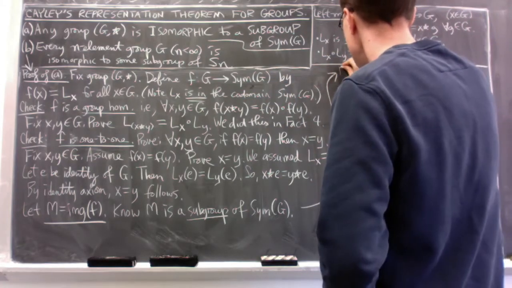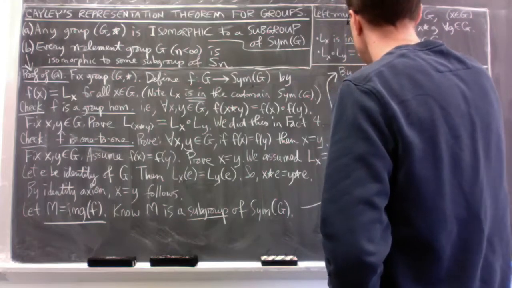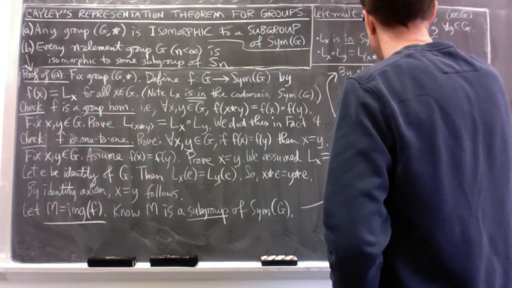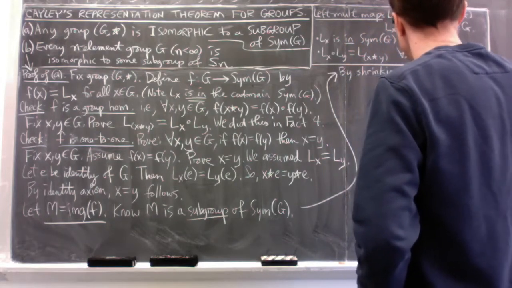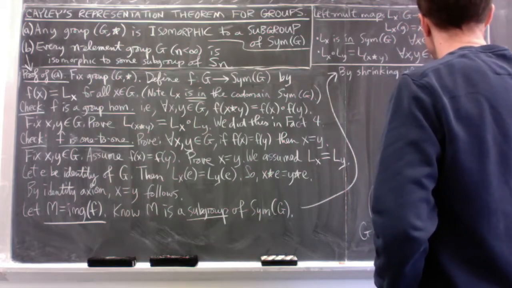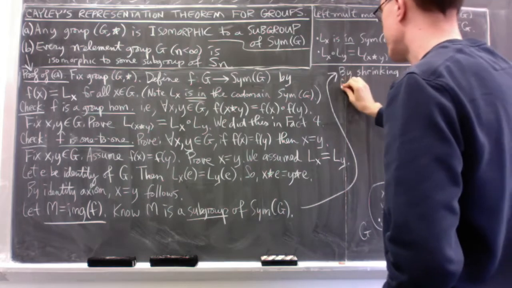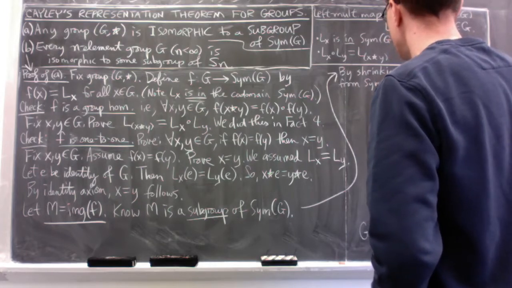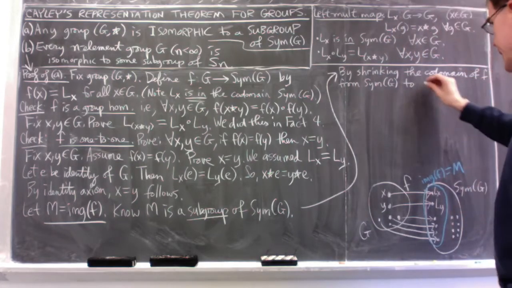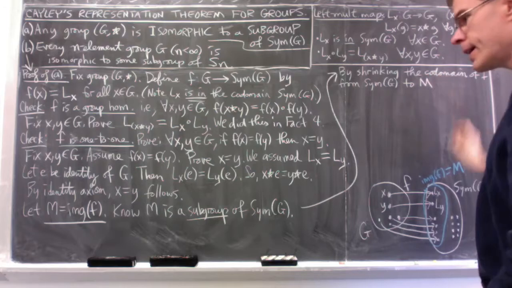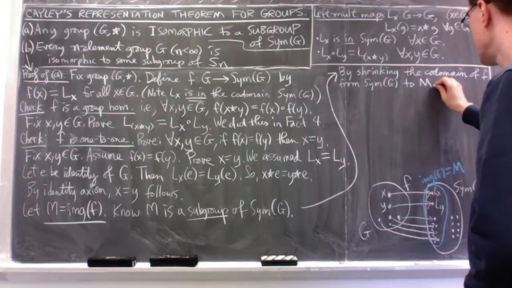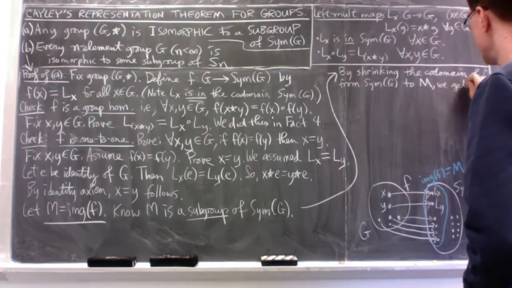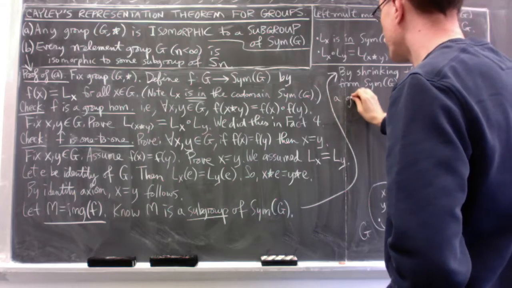So by shrinking the codomain of f from Sym G, the original codomain, down to the actual stuff that got hit, this M, which is a subgroup, by the way, we get a group isomorphism.